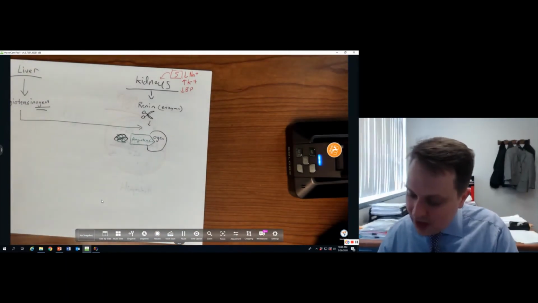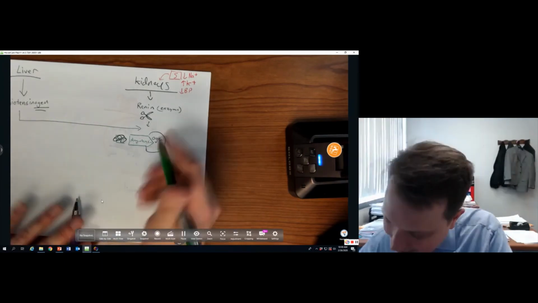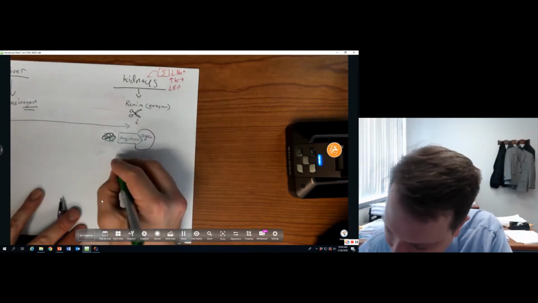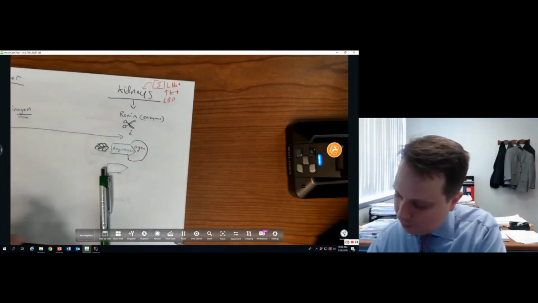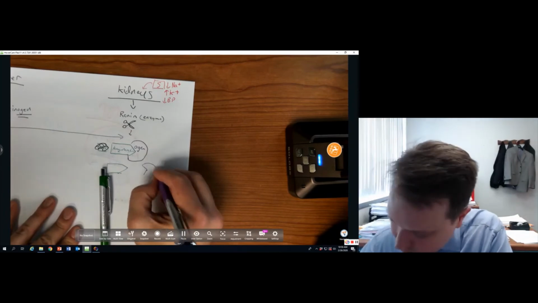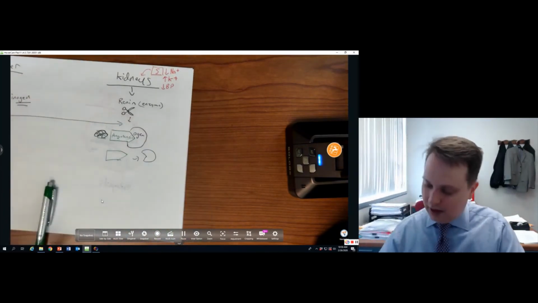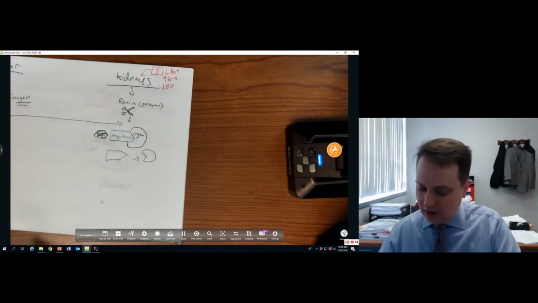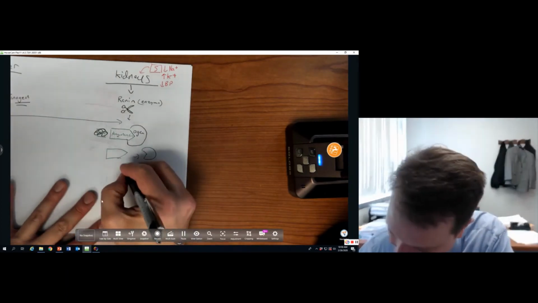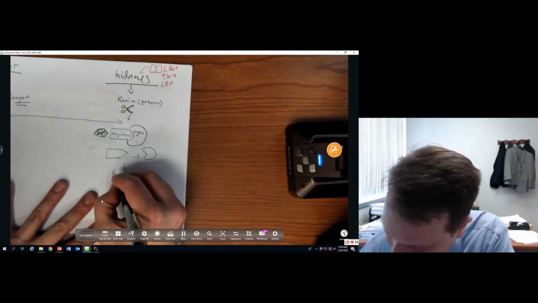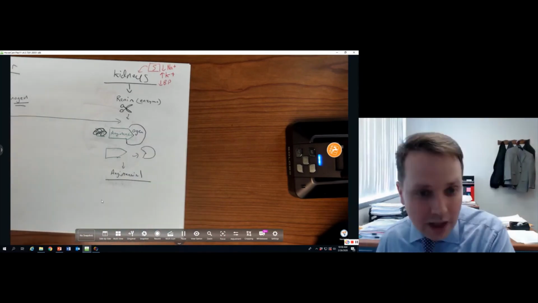The scissors are going to come in and cut off the ogen. And what that makes is angiotensin 1.